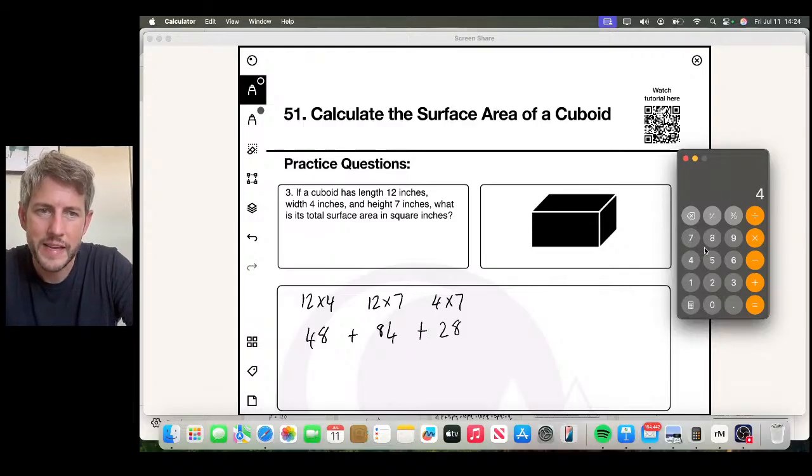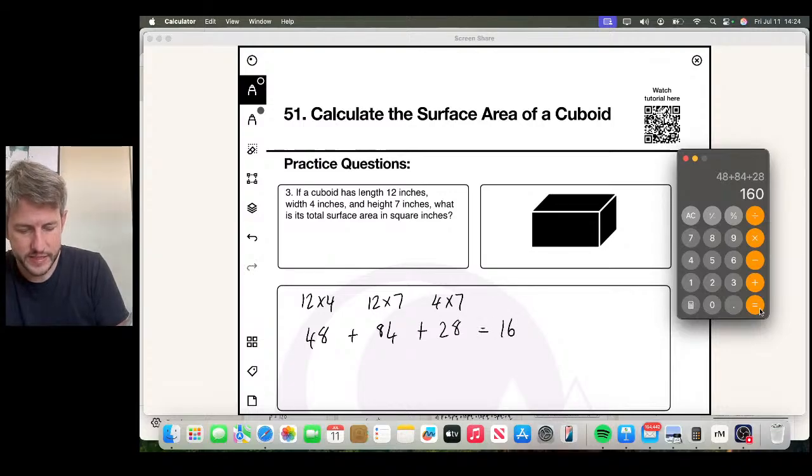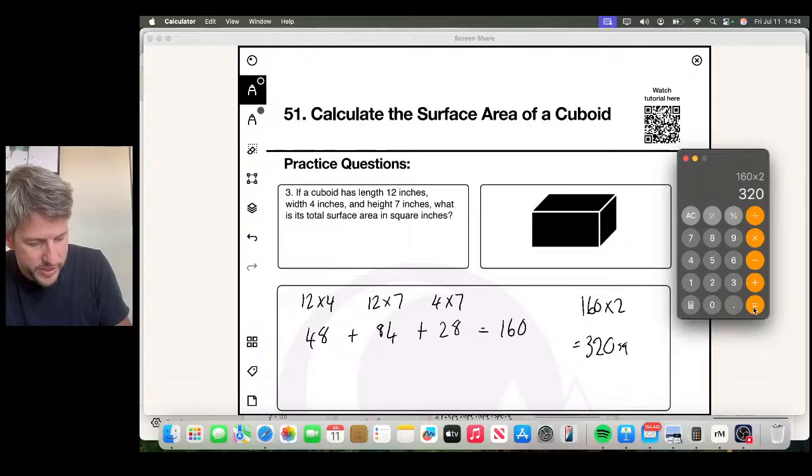I'm just going to be lazy now. So 48, add 84, add 28. Here we go. That equals 160. And remember, each face is repeated, like on the back and the front, on the top and the bottom, and the side and the side. So this is going to be 160 times 2. If we times this by 2, we get 320. So 160 times 2 equals 320. And that'll be square inches this time.